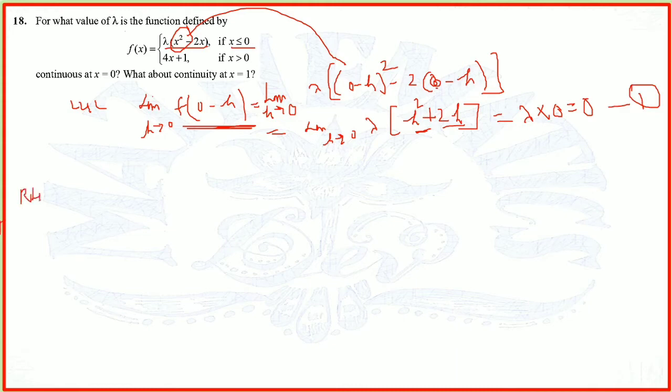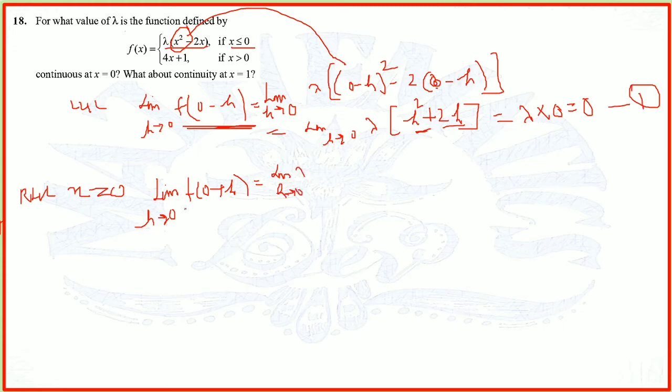Now we'll go for the right hand limit at x equal to 0. Again directly writing limit h tends to 0 of f of 0 plus h, equals limit h tends to 0.